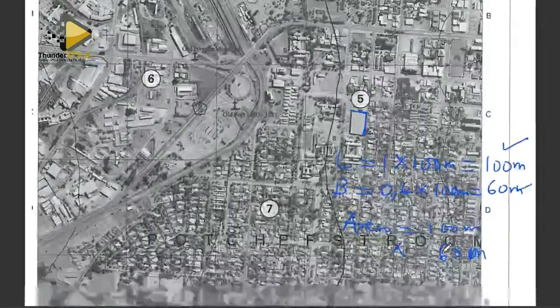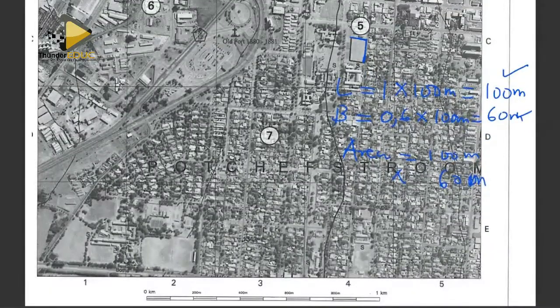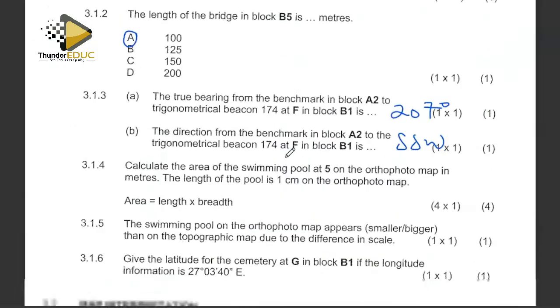And this is going to give us 6,000 square meters. So this is our area of the swimming pool, 6,000 square meters. If you measure correctly and convert correctly, you're supposed to get that response. Right, let's move on to the next question.